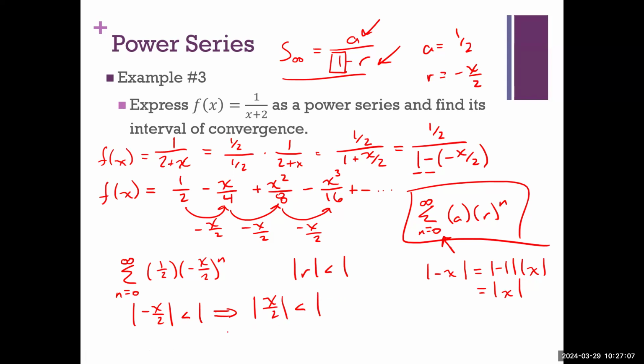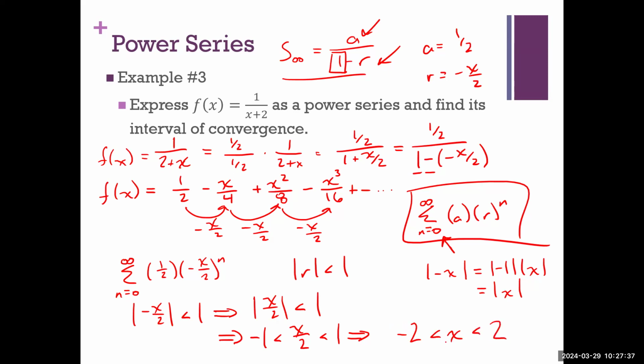And then from there, I'm going to remove the absolute value and give myself that 3-branched inequality: -1 is less than x over 2, which is less than 1. Can I get an interval of convergence from that? Multiplying through by 2 gives me -2 is less than x, which is less than 2.